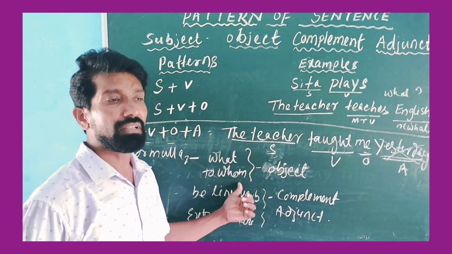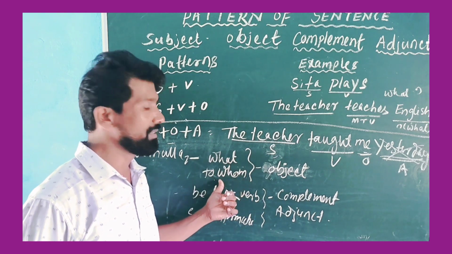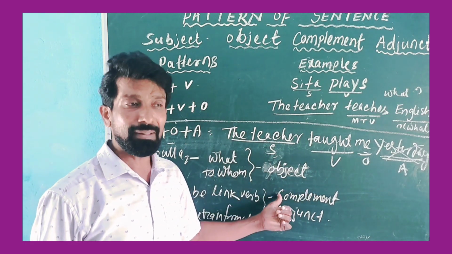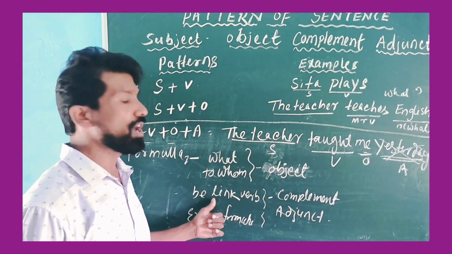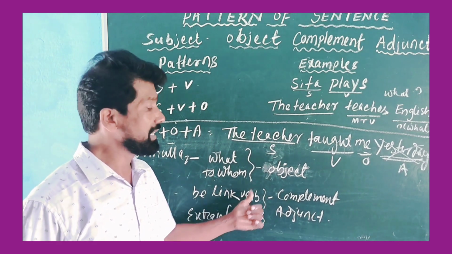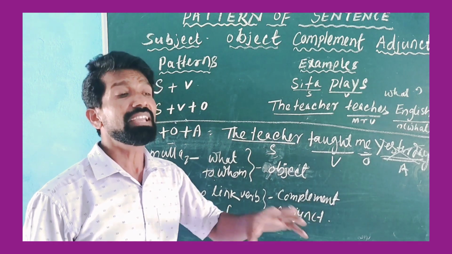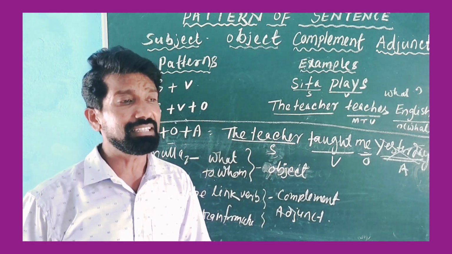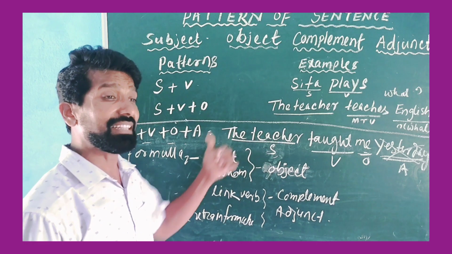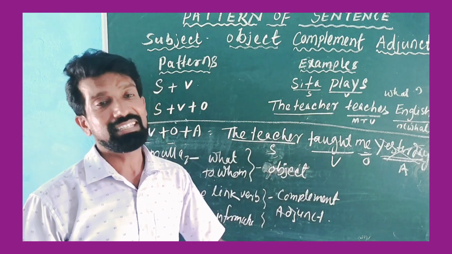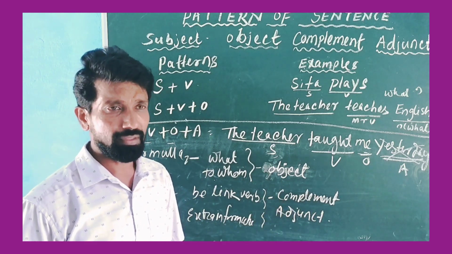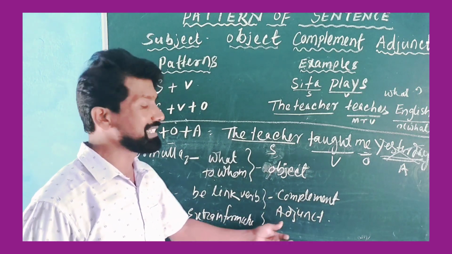The answer that comes is called the object. For the complement, look for the be verb or linking verb. Any linking verb is followed by a complement. If any difficulty arises, then you just put a be verb, is or am, in that place. If the sentence is correct, then you know this is the complement. It's a very easy method. And the last one is extra information, the adverbial.